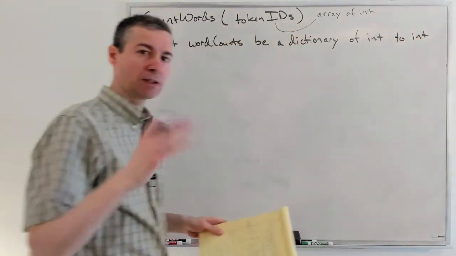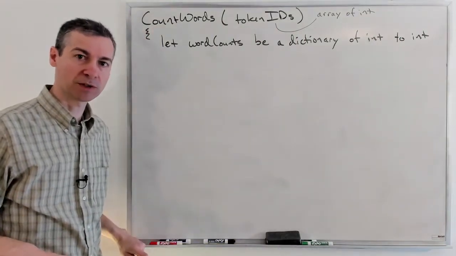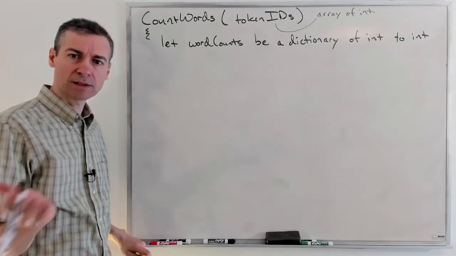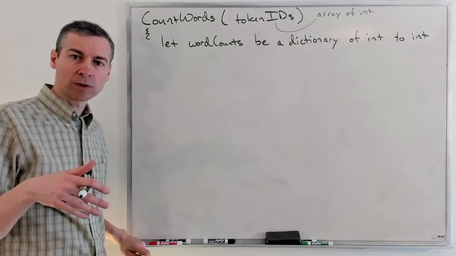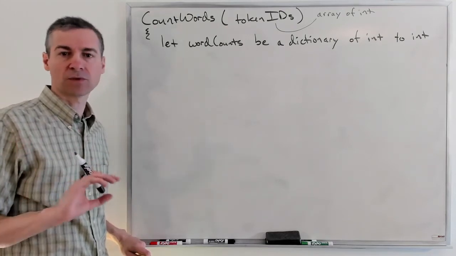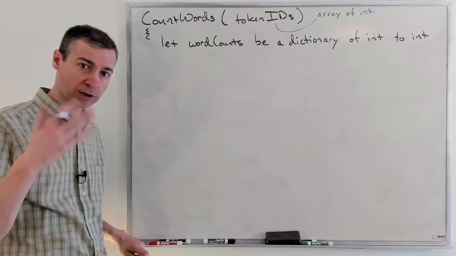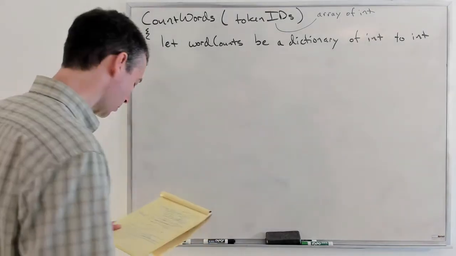And now that words have been turned to integers, you can see one of the performance advantages, because we have to do lots of comparisons. Like, is this a matching word? Have I seen this word before? Well, we're just comparing integers, which is a very fast operation, as opposed to comparing strings, where we have to go character by character to determine whether or not items are equal.